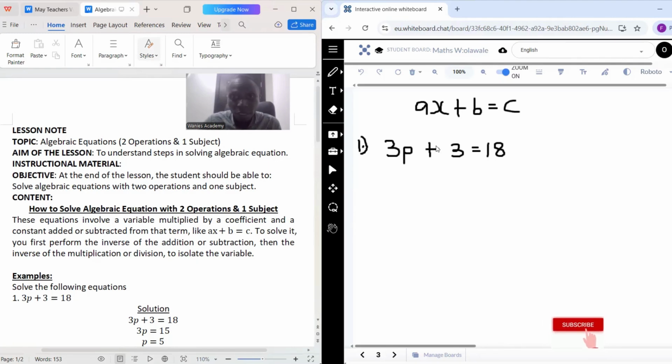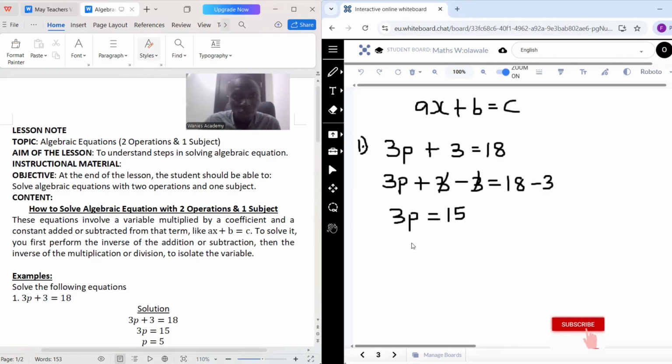Subtracting 3 from both sides, we're going to have 3p + 3 - 3, which is the inverse operation, equals 18 - 3. So this 3 minus 3 gives us 0. So we're going to have 3p = 18 - 3. We're going to have this to be 15.